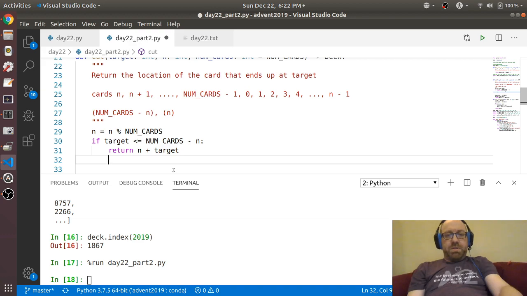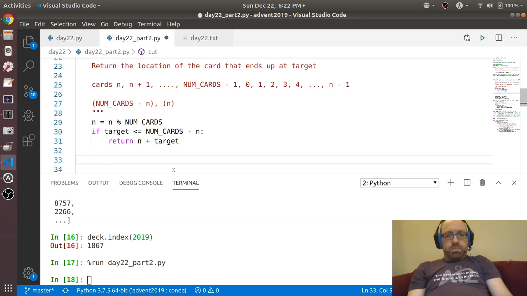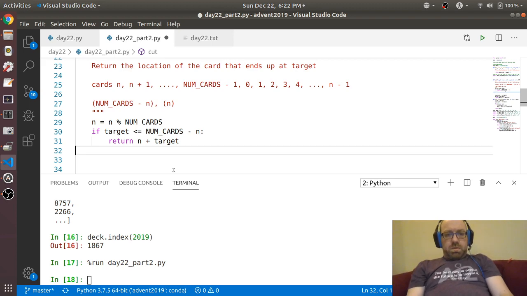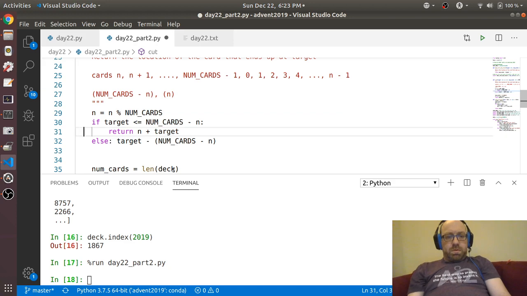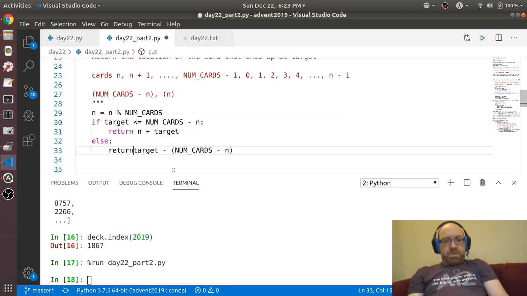Right? So if target is 0, I'm going to get card n. If target is 1, I'm going to get card n plus 1. Otherwise, I get target minus num cards minus n. So I think that's right.